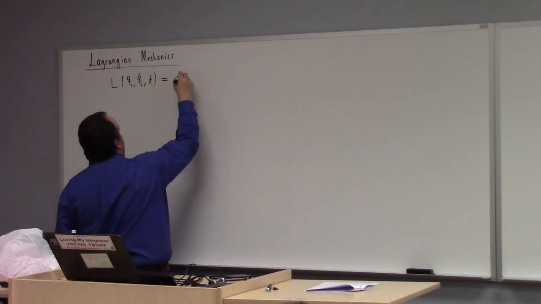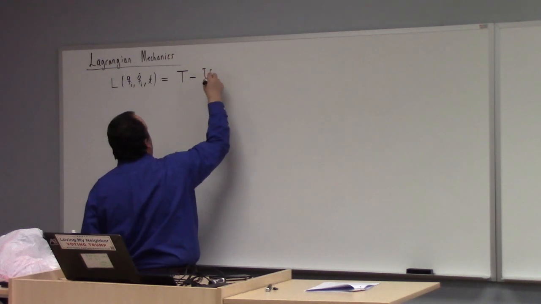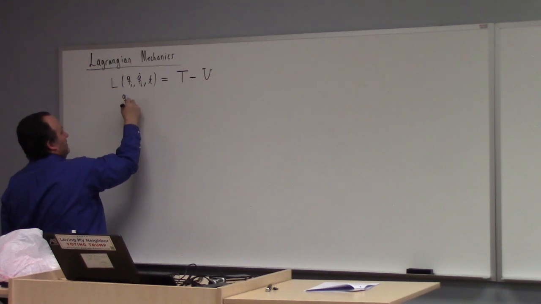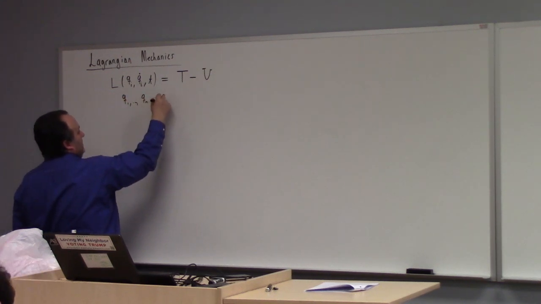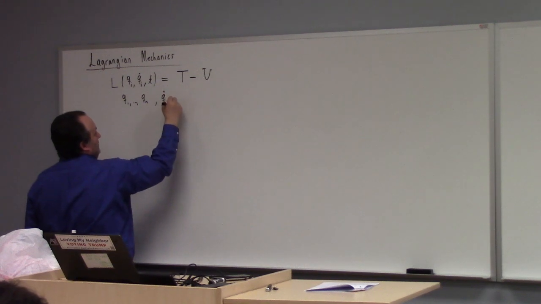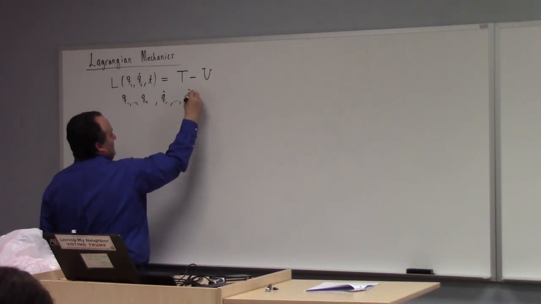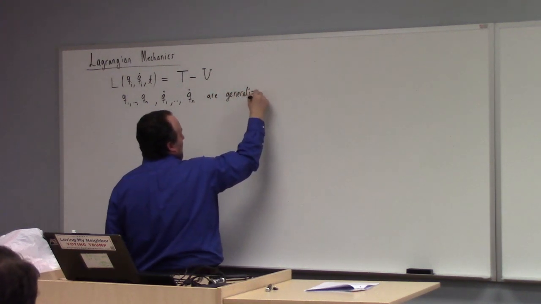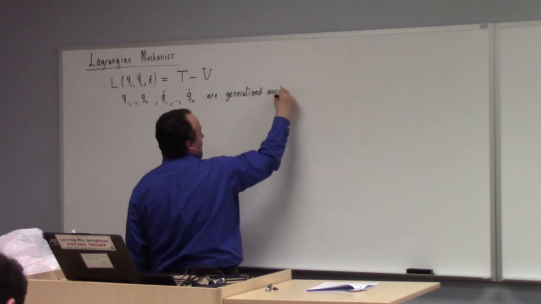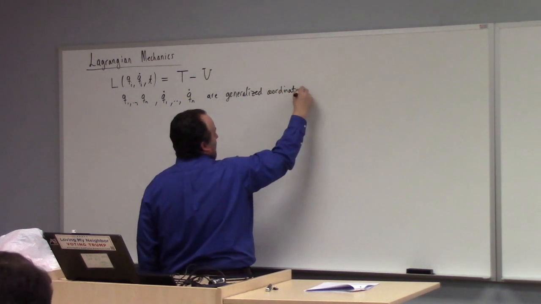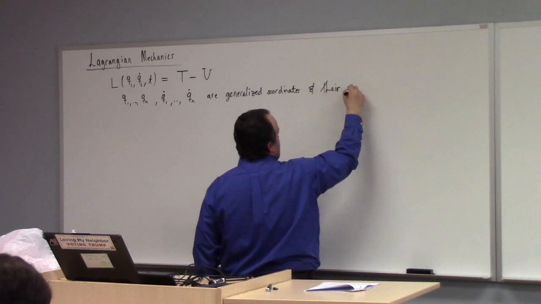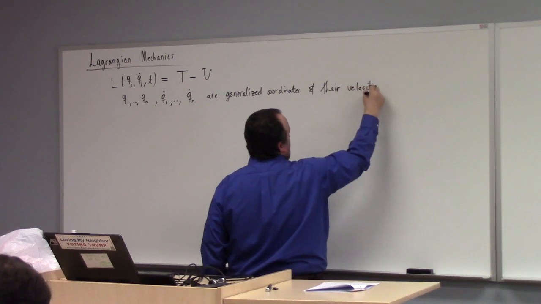And that's going to be equal to the kinetic energy minus the potential energy. Here, Q1 through Qn and Q1 dot through Qn dot are generalized coordinates and their velocities. All right.